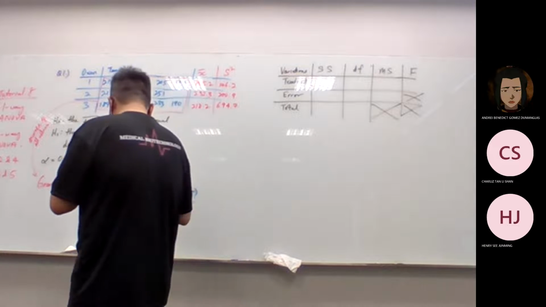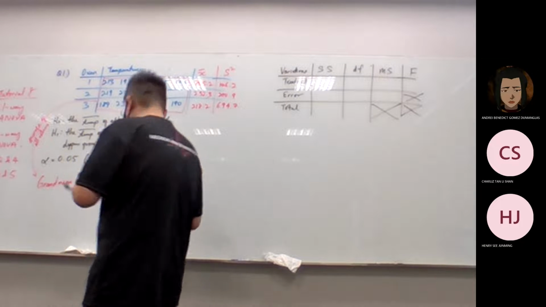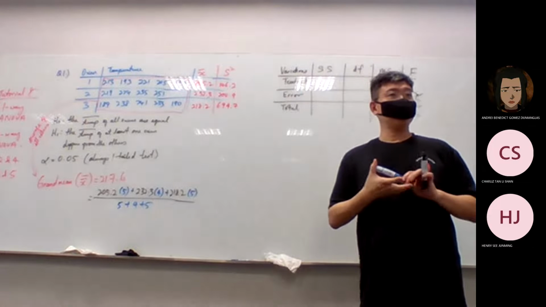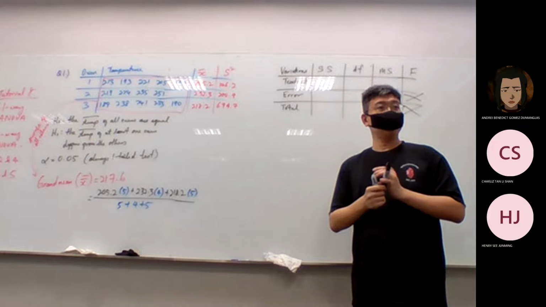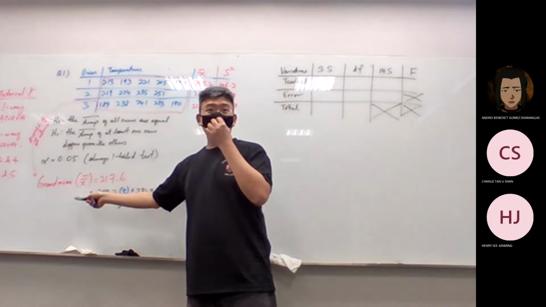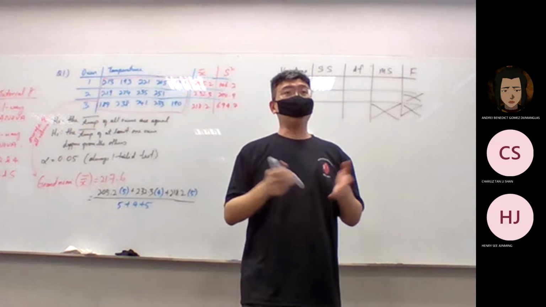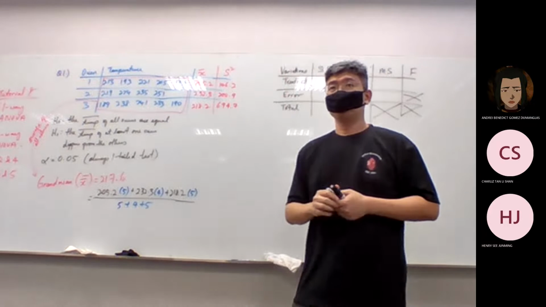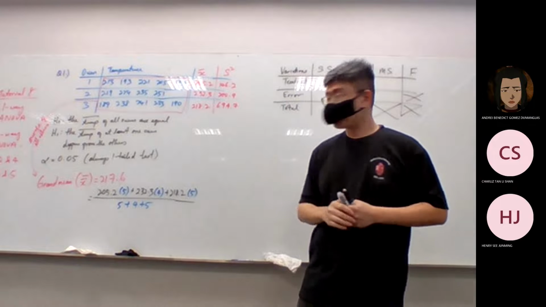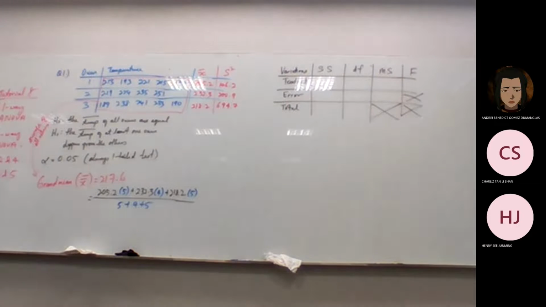Then the denominator is 5 plus 4 plus 5. You can do that. The average of the average, the mean of the means, only works if the sample sizes are equal. Okay, but it's not. Up to this part, any problem?